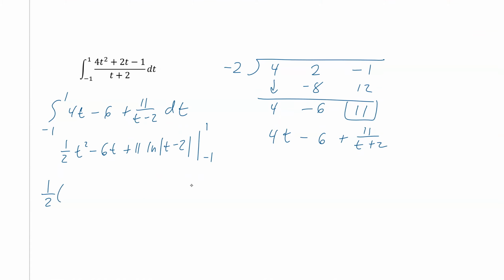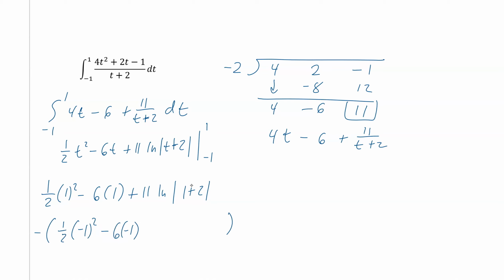And this would be 1/2 1 squared minus 6 times 1 plus 11 ln, that's a plus 2, perfect, of 1 plus 2. And then minus, the next one, would be 1/2 times negative 1 squared minus 6 times negative 1 plus 11 ln negative 1 plus 2.